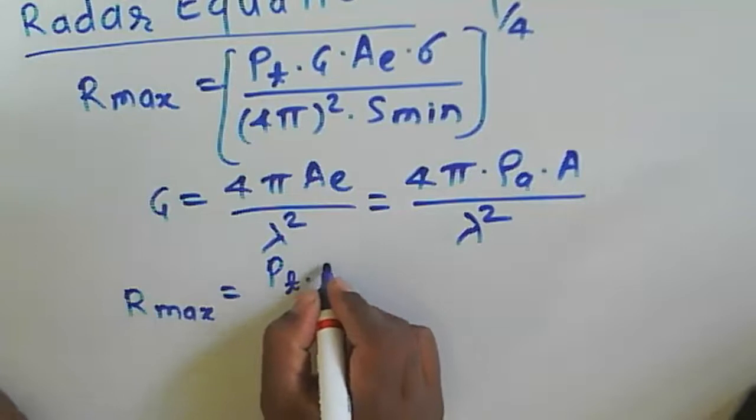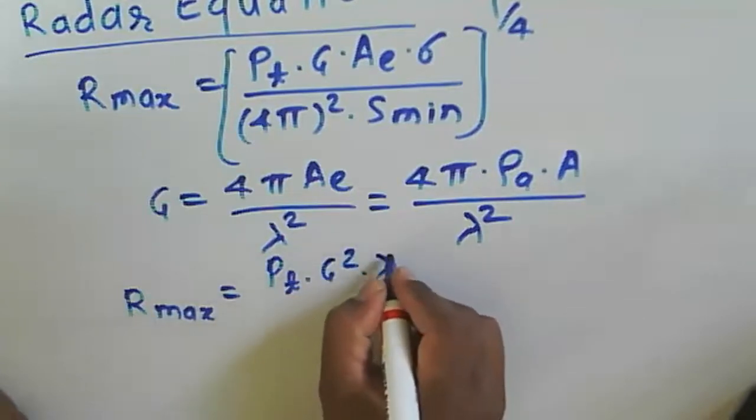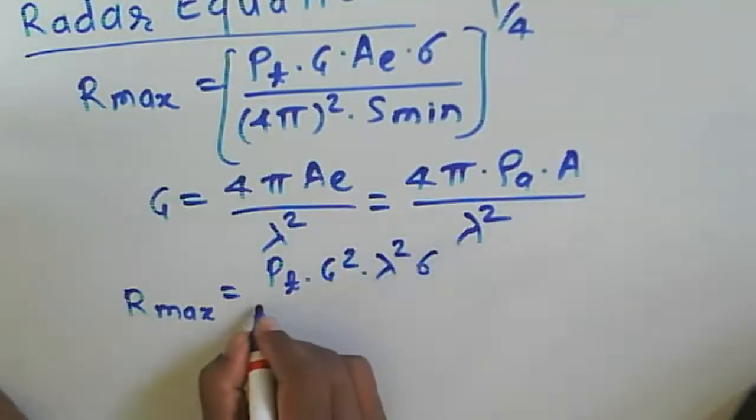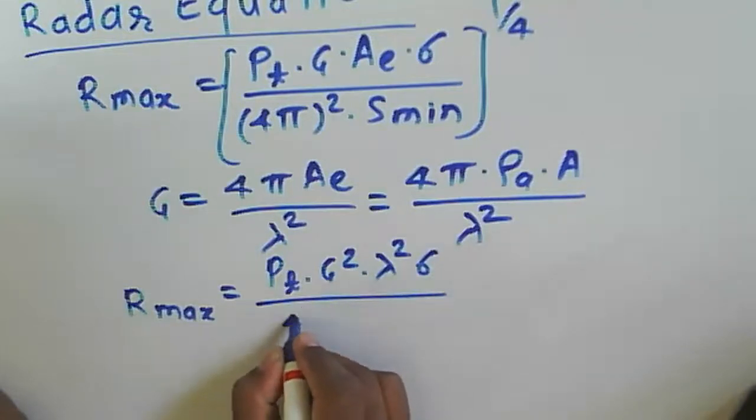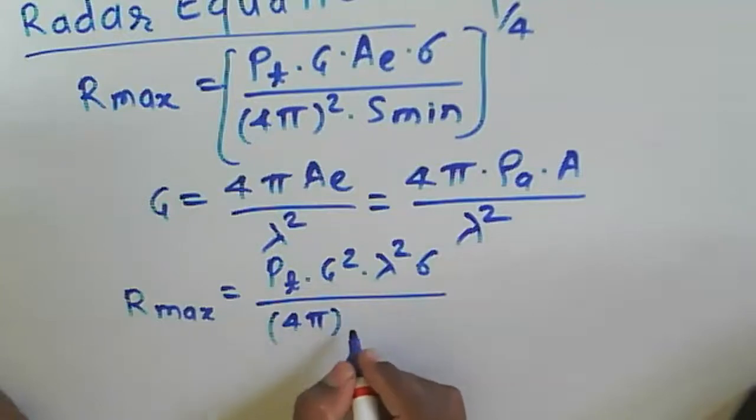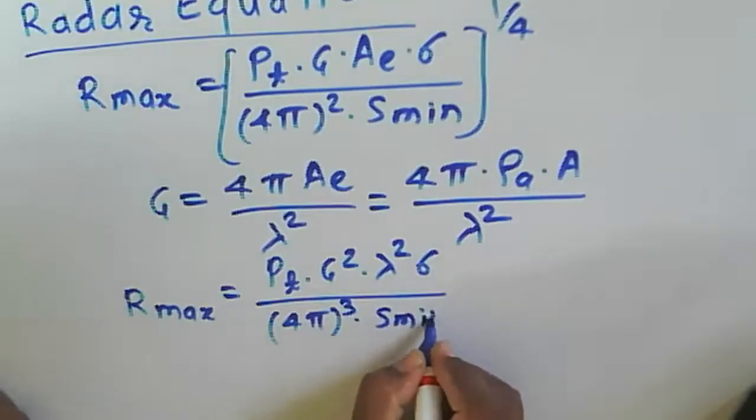P T, then G squared lambda squared sigma divided by 4 pi cubed S minimum.